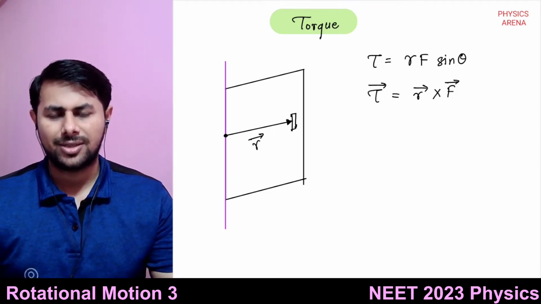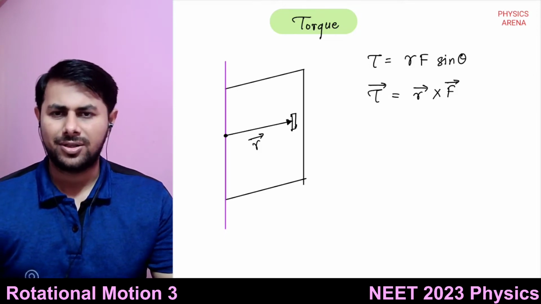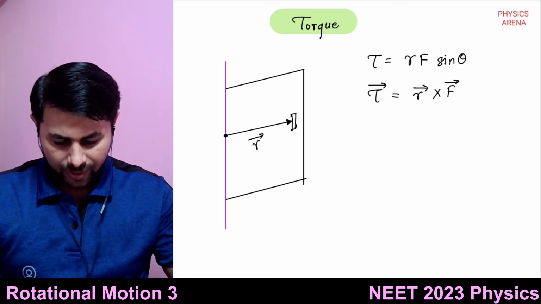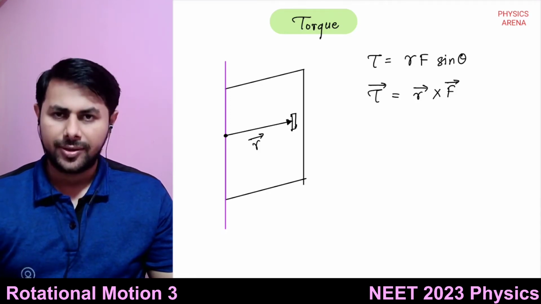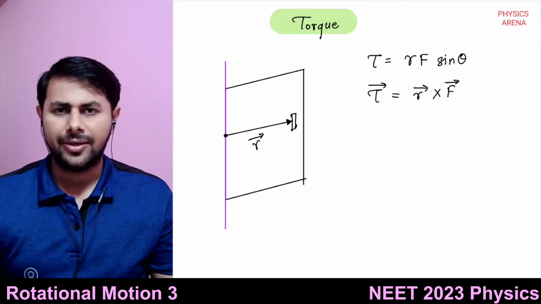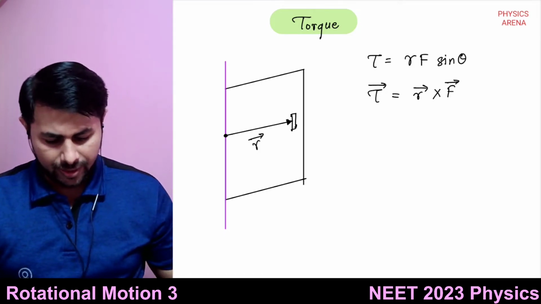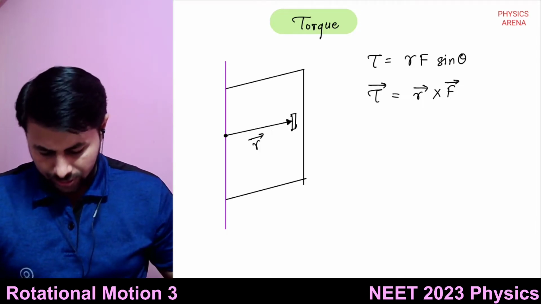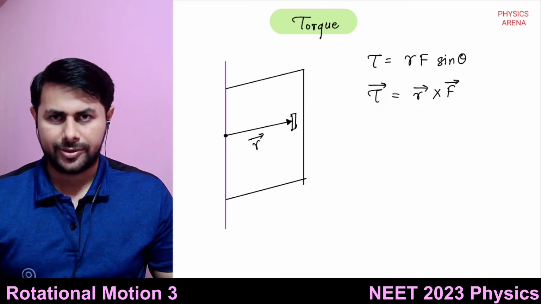Okay, torque is the vector product of r and F. Got this? So torque is the vector product between the position vector and the force. Then we'll define one more quantity. This torque is the rotational analog of force.